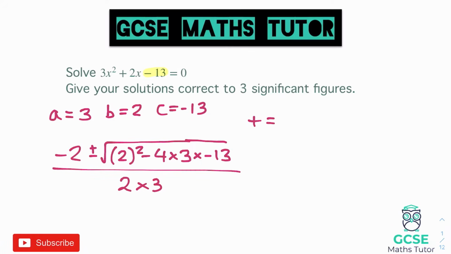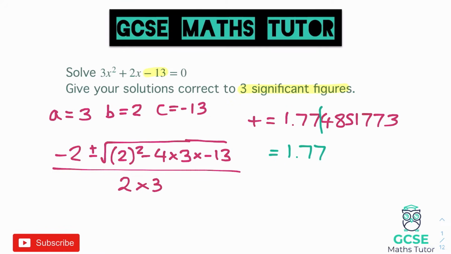Press equals, and you should get the answer here, 1.77485173. And then again, we want this to 3 significant figures, so 1.77, chop it after the 7, and again it's a 4 after the line, so not enough to round it up there. So the answer is going to be 1.77, again to 3 significant figures.